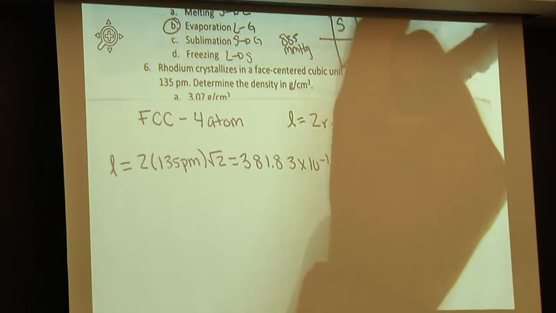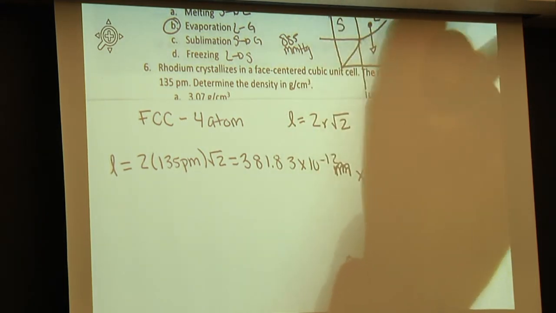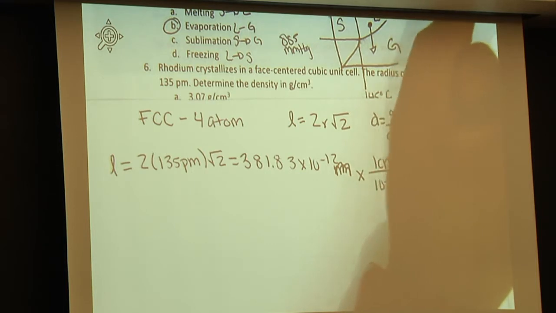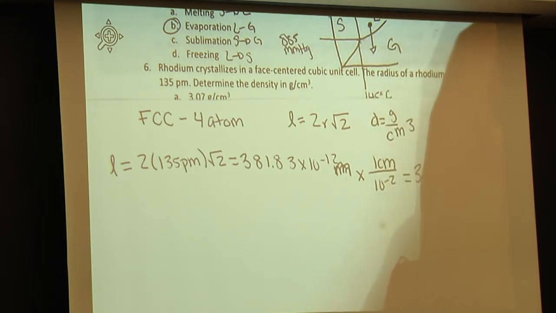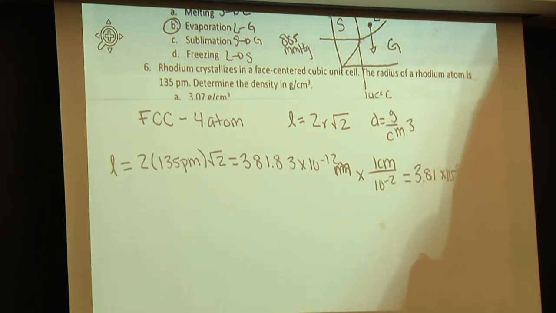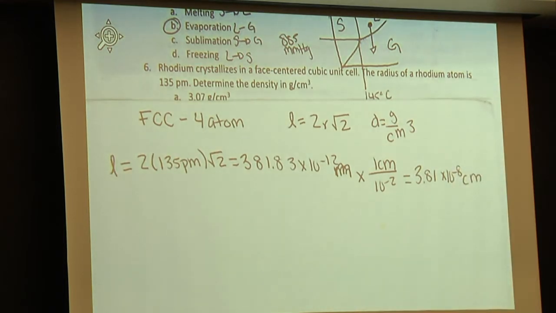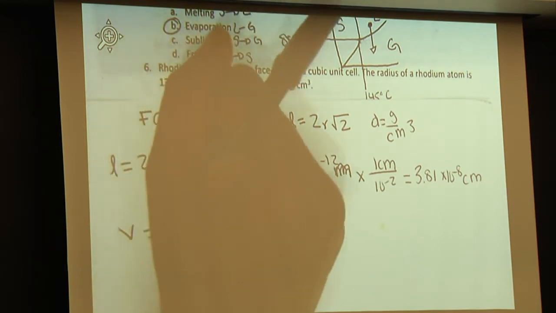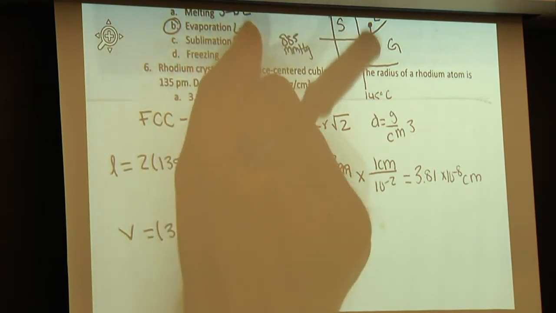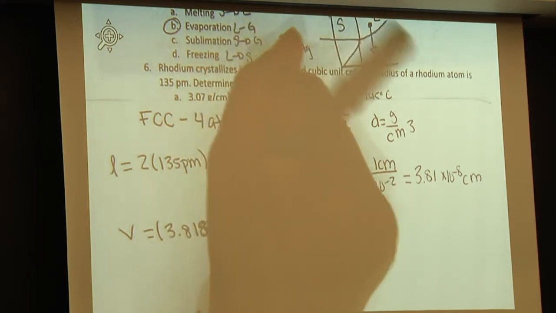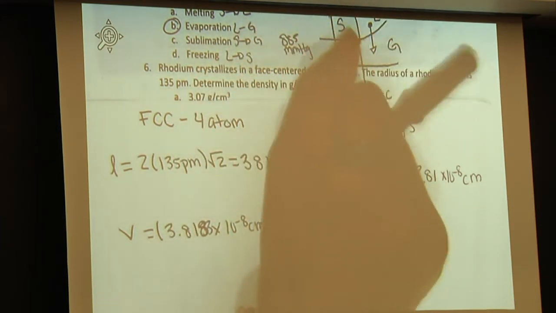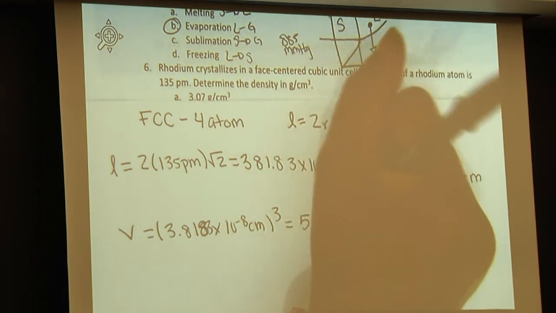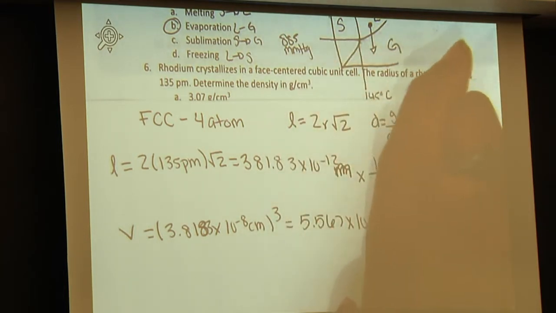We have to change that into centimeters, and you'll get 3.81 times 10 to the negative 8 centimeters. To get centimeters cubed, that is volume, so we're just going to cube that value, and you'll get 5.567 times 10 to negative 23.